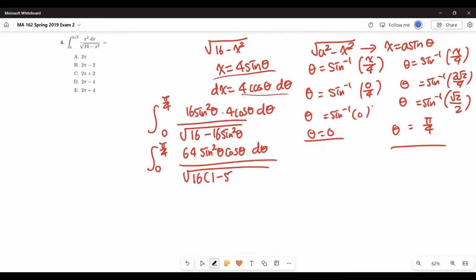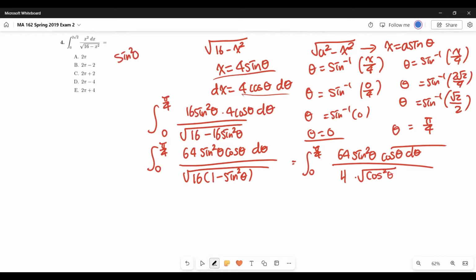1 minus sine squared theta, and this thing becomes 0 to pi over 4, 64 sine squared theta cosine theta d theta over 4, because the square root of 16 is 4, and this just becomes 4 times the cosine squared theta inside the square root. If you remember, sine squared theta plus cosine squared theta is equal to 1.